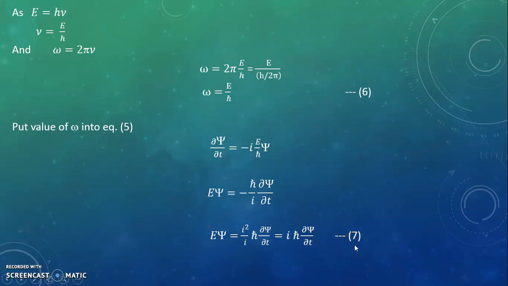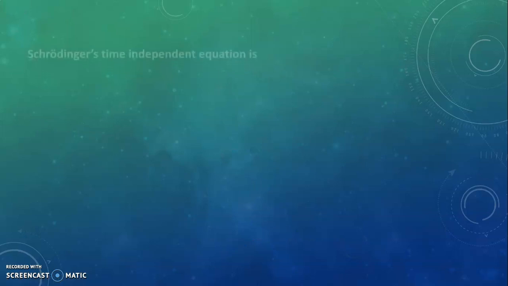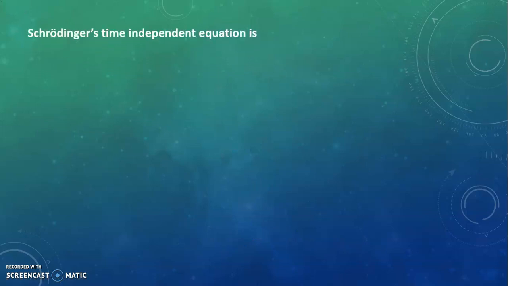Let's call this equation number 7. Now we know Schrodinger's time independent wave equation is del squared ψ plus 2m upon ħ squared (E minus V) ψ is equal to 0.